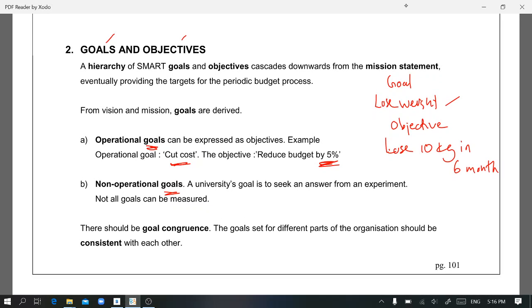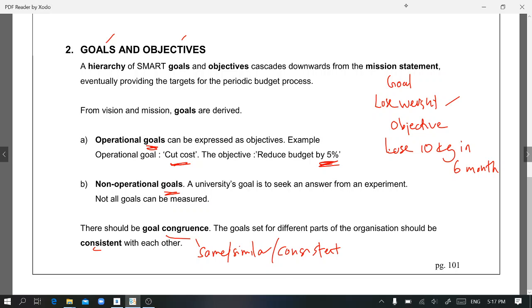Alright? So there should be goal congruence. Goal congruence means same, similar, consistent goals. Different people in an organization, for example, top management, the boss, their goal is high profit. Staff's goal will be high salary.